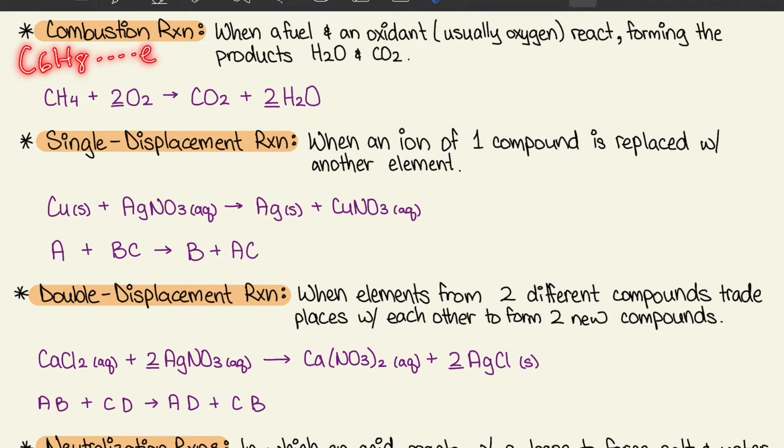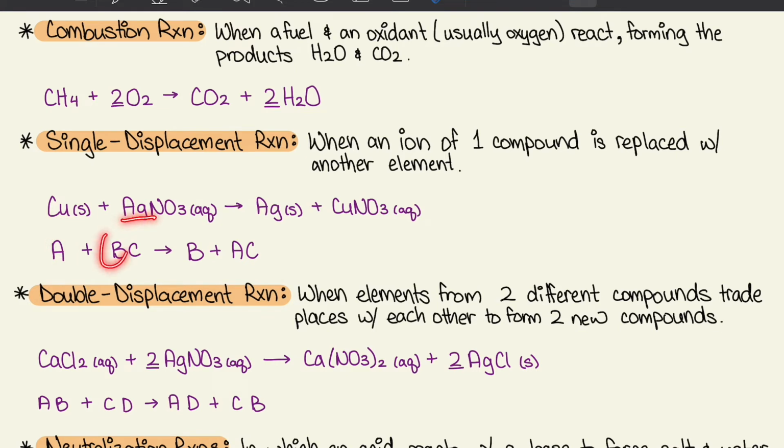Next, we move on to the single displacement reaction. That's when an ion of one compound is replaced with another element. So here we have an example, which is Cu plus AgNO3, which makes Ag plus CuNO3. An easy way to determine the kind of displacement this is to write A under Cu, B and C under the compound.